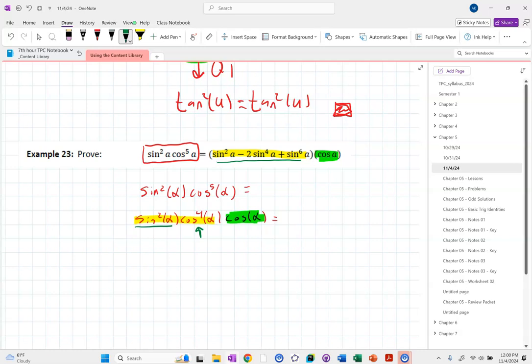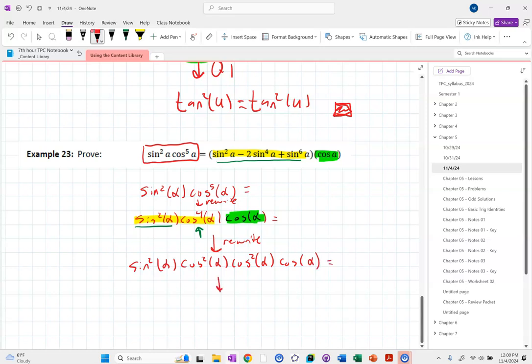Now, I don't have an identity that's going to turn cosine to the 4th into sines, but I can rewrite cosine to the 4th as cosine squared times cosine squared, and what does that get me?